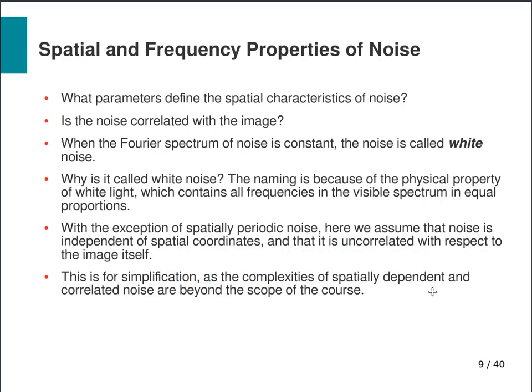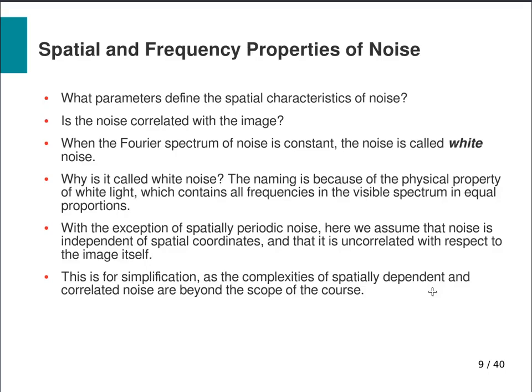What information can we have about the noise? What are some spatial and frequency properties of the noise? One question that we need to ask is whether the noise is correlated with the image or not. That's an important question. For now, we mostly work with noise that is uncorrelated with the image.